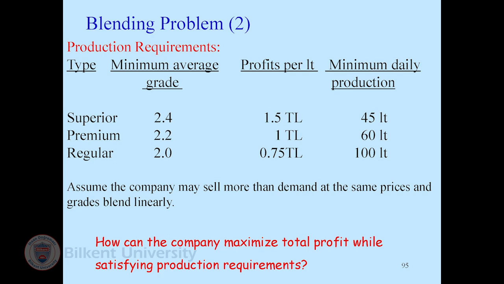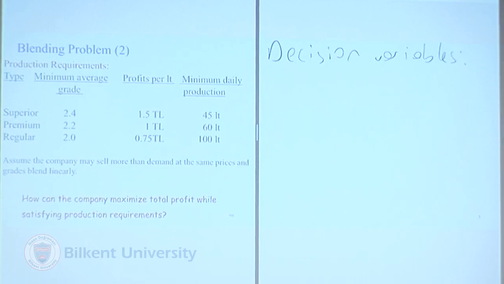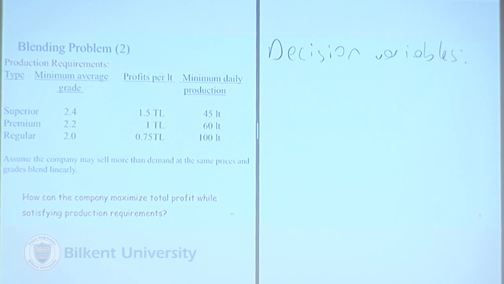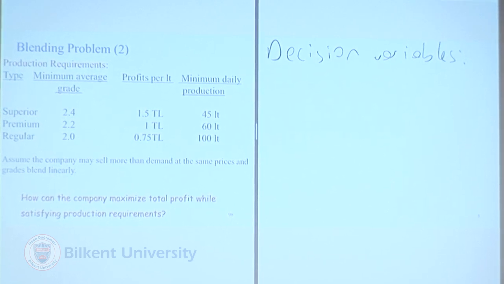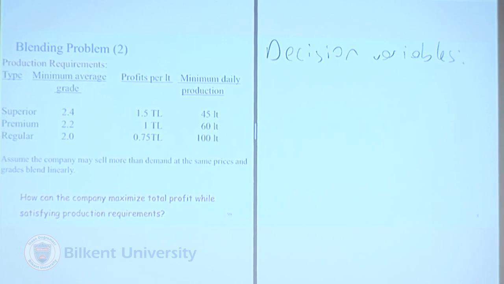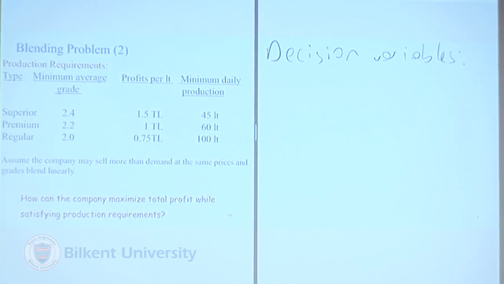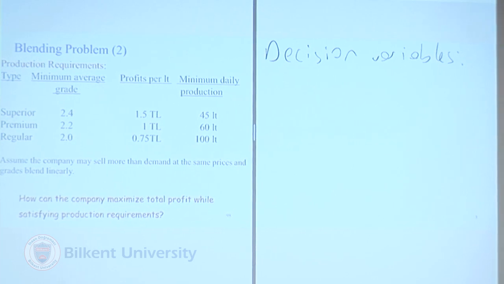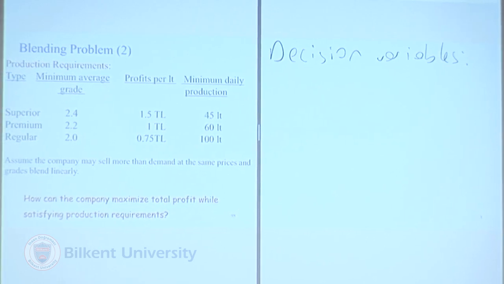I'm starting to write. Decision variables. This is the most crucial step in modeling. If you can define your variables correctly, you will end up with a correct model. But the variables are really, really important. First of all, how many variables do we have? Yeah?